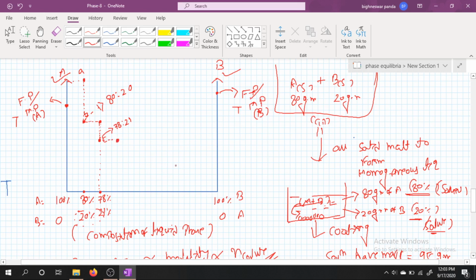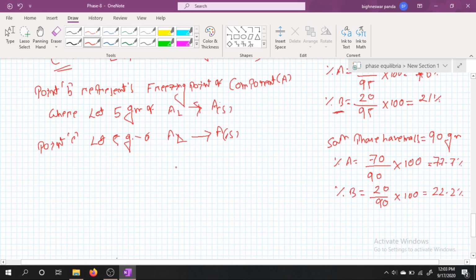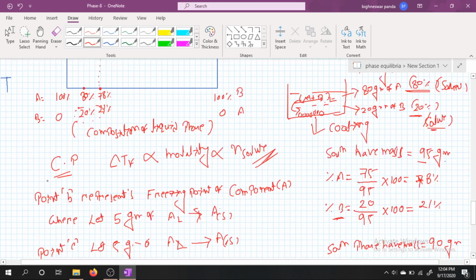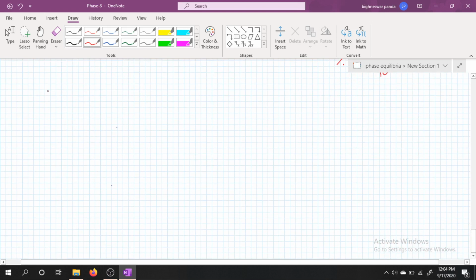Since in this composition the percentage of B is increased, solute is increased, so there is a net decrease in freezing point. So this is our point B, this is point C.